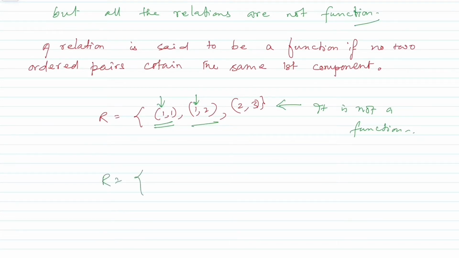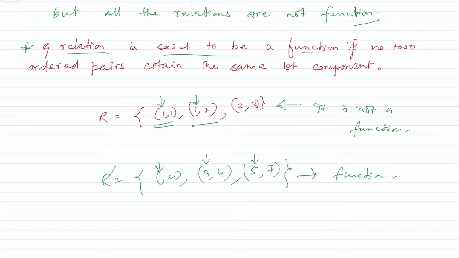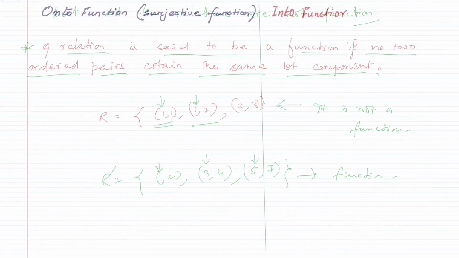Suppose we have another relation R which consists of (1,2), (3,4), (5,7). So here each and every first component is different, so it can be considered as a function. So in terms of relation, a relation is said to be a function if no two ordered pairs contain the same first component. Hope you have understood.